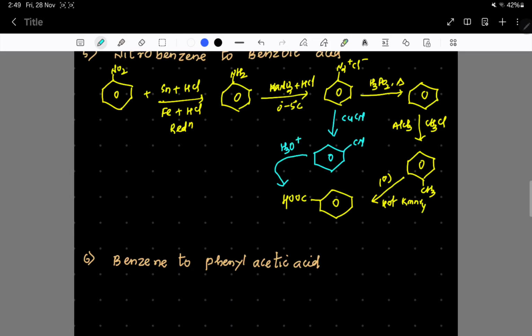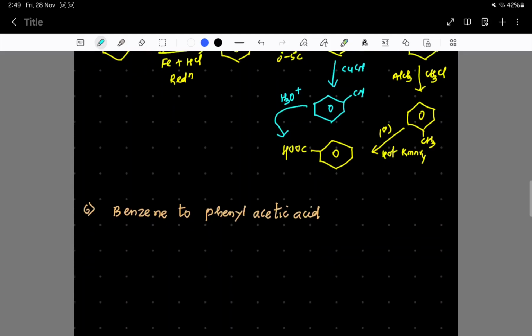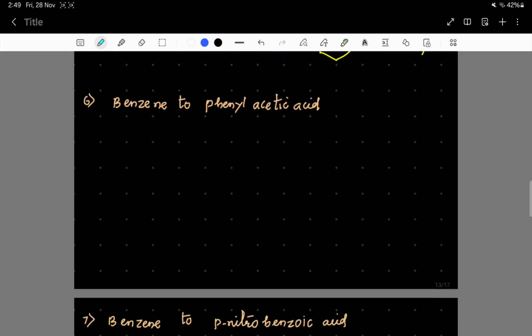So you can approach the reaction by these two methods, student. From benzene diazonium chloride reacted with CuCN, that is the Sandmeyer reaction, then followed by the H3PO2. So you will get benzene, right? So here one more step we will reduce, right? That's it, student, right? Next, student, sixth one, benzene to phenyl acetic acid.